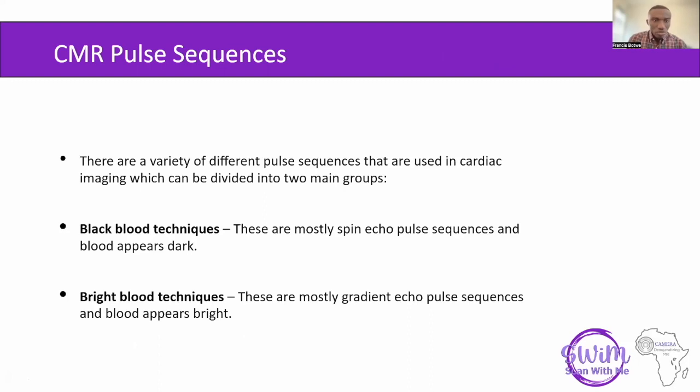When we come to cardiac imaging, there are basically two pulse sequences that we normally use. These are the black blood techniques, which are normally spin echo pulse sequences, and the bright blood techniques, which are normally gradient echo pulse sequences.